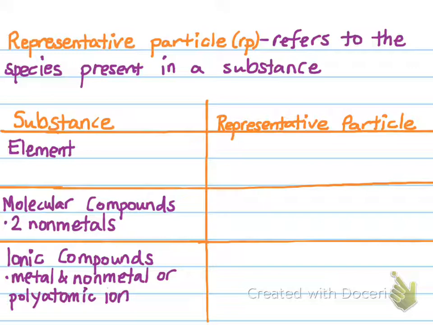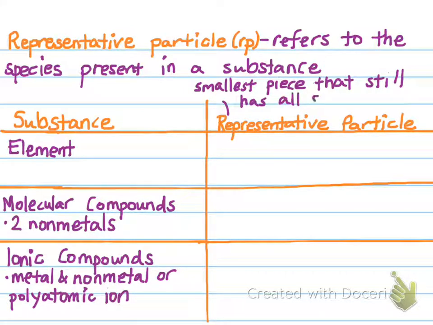So when we talk about representative particle, when we've talked about this before, we've said our representative particle was our smallest piece that we could chop it up into, if we had a big chunk of it, that still has all the same properties.